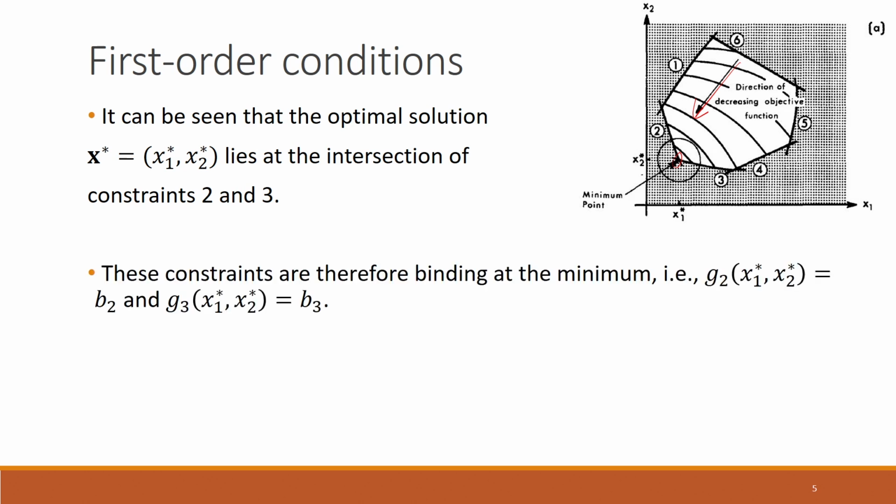Therefore these two constraints 2 and 3 are binding at the minimum, that is g2(x1*, x2*) is equal to b2 and g3(x1*, x2*) is equal to b3. So this is a distinction from the case when there was only a single dimension. There was only a single binding constraint, but now you can have many more binding constraints in multiple dimensions.